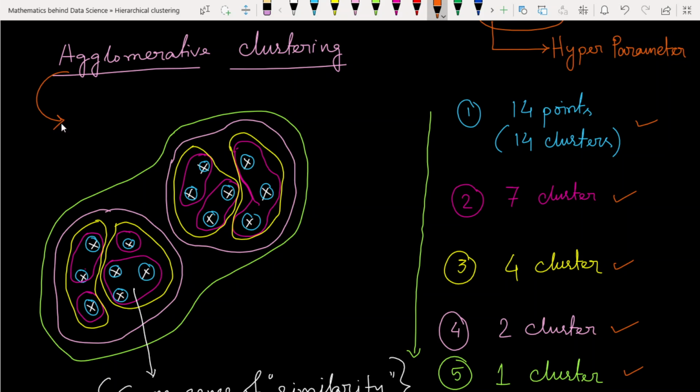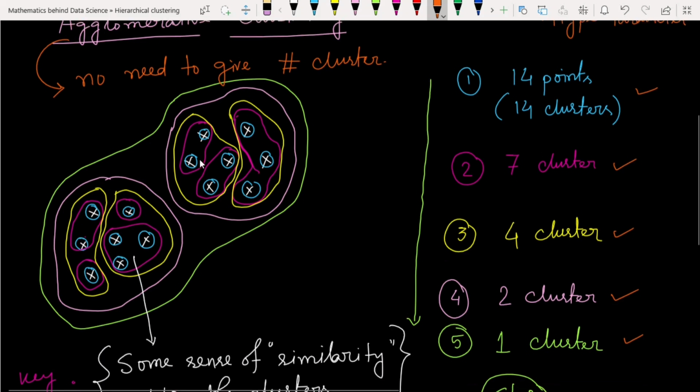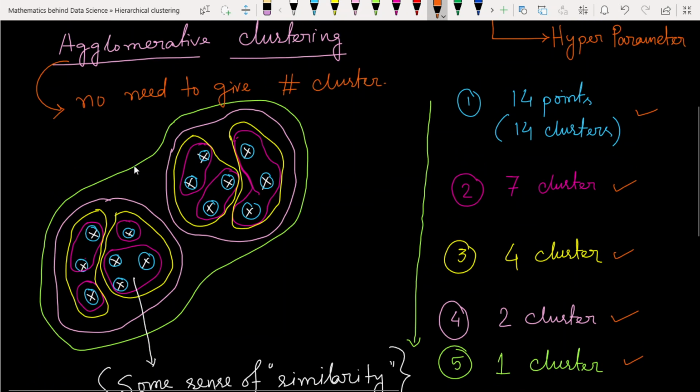Here the main advantage is that we don't need to give a cluster number. Here we don't have any hyperparameter.